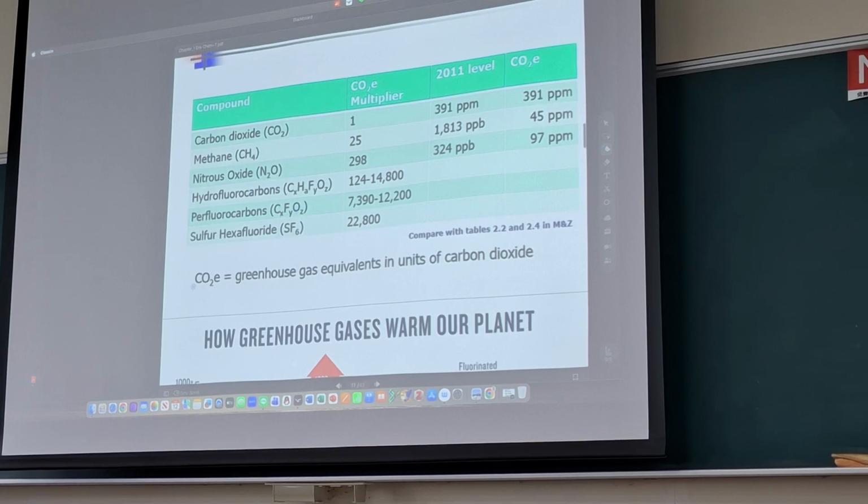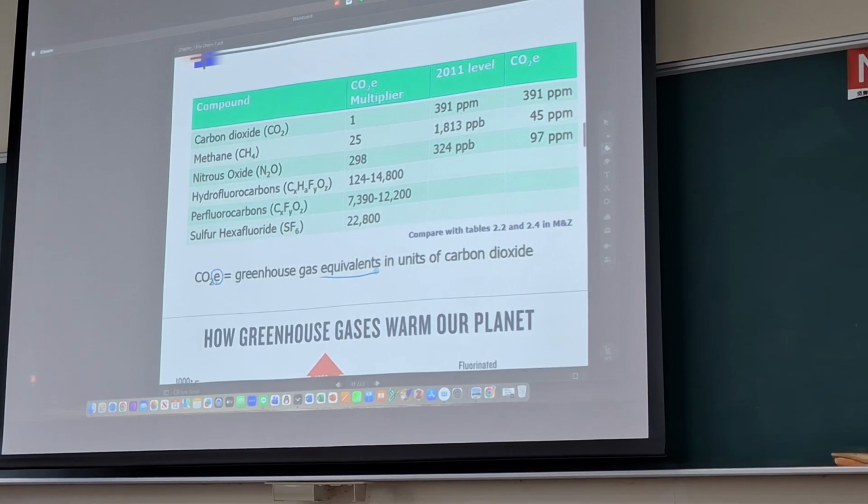And the CO2e, the E here stands for equivalence.